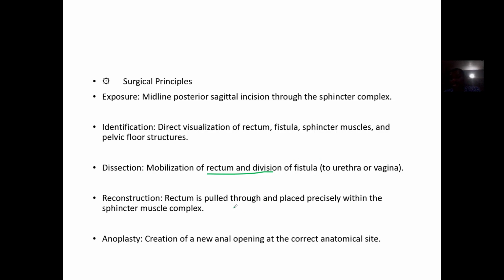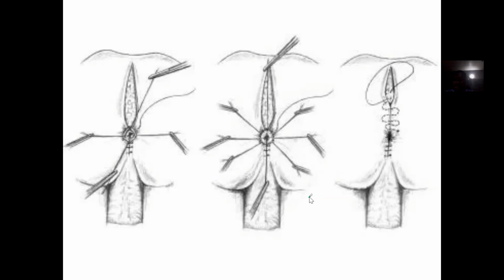Reconstruction: the rectum is pulled through and placed precisely within the sphincter muscle complex. Anoplasty is when you create a new anal opening at the correct anatomical site. I have the pictures here which you will appreciate, so you don't have to worry so much.